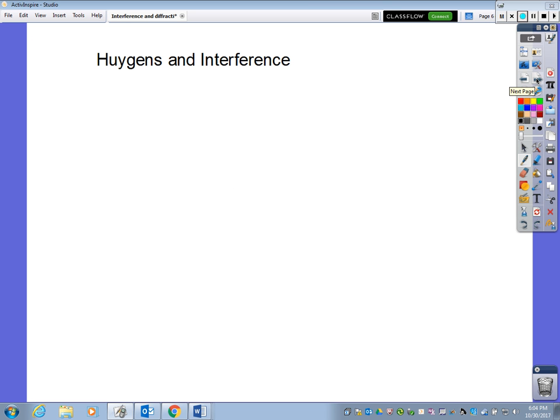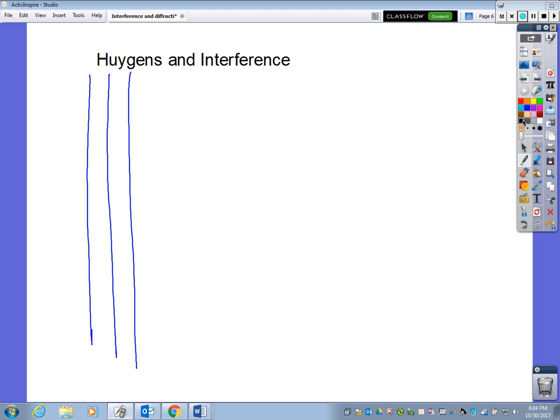Now interference. If we have a wavefront coming in, say it's just parallel wavefronts, planar wavefronts coming in, and we have an obstruction. Say we have a screen with 2 holes in it. The wavefront, as it comes up to those holes, is going to be a series of tiny wavelets.